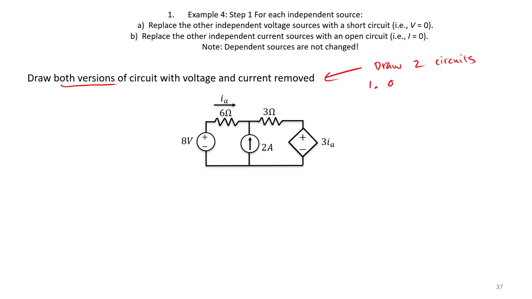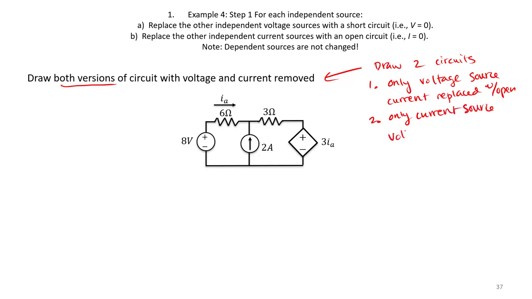One circuit that has only the voltage source, and then the current source is replaced with an open. And then we have a second circuit that contains only the current source and the voltage source replaced with a short. If you'd like, you can pause the video and try this yourself.